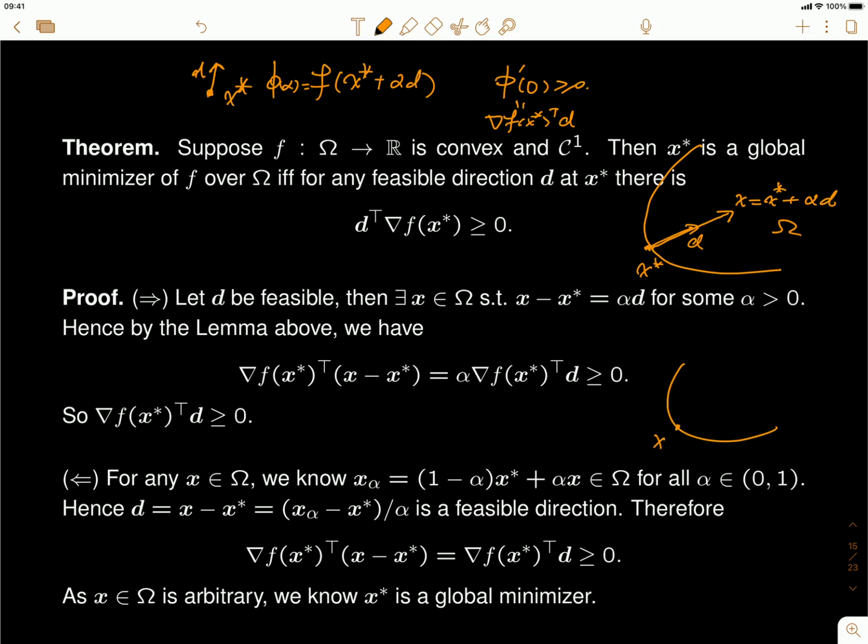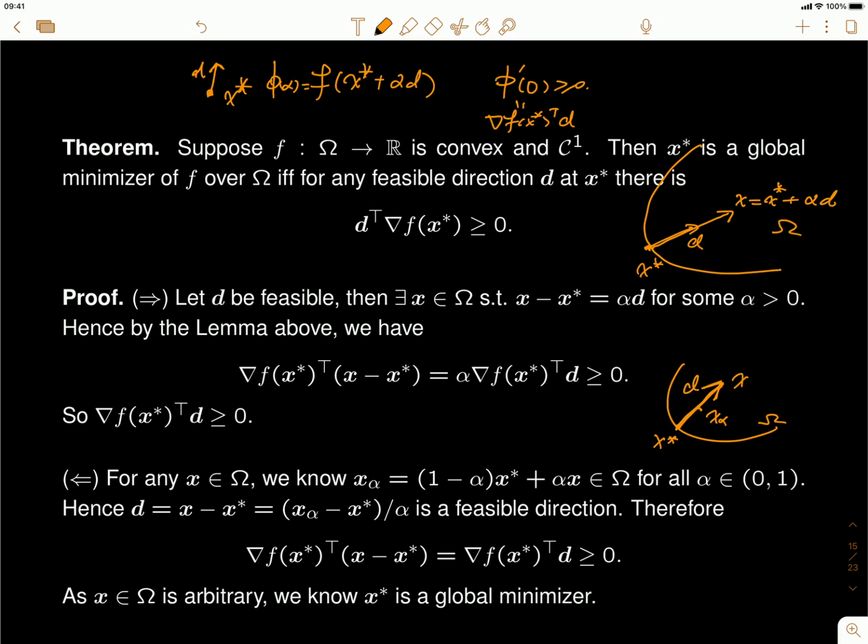So I have this x star, this omega, and now x is in here, and the x alpha will be some point in between. Then the d is set to x minus x star.